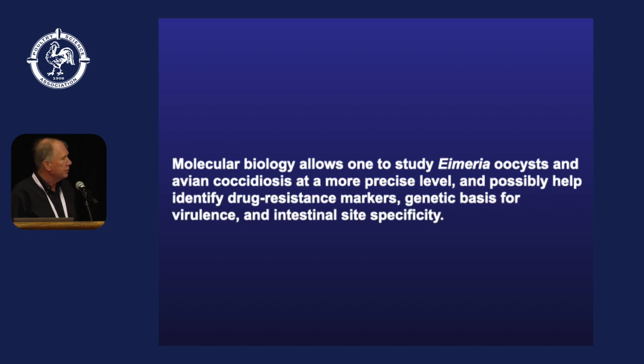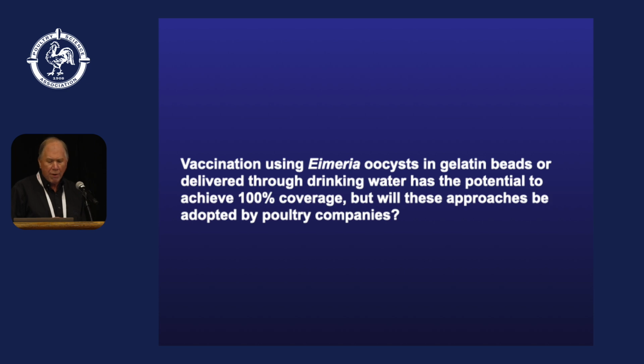Conclusions. Molecular biology allows one to study Eimeria oocysts and avian coccidiosis at a more precise level, possibly identifying drug resistance markers and a genetic basis for virulence and intestinal site specificity. Vaccination using Eimeria oocysts in gelatin beads or delivered through the water system has the potential to achieve 100% coverage.